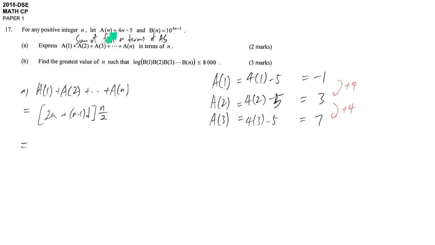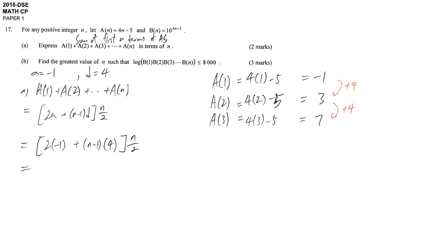Of course, it's the same reason as slope-intercept form. So anyway, we know that a is equal to -1. We know d is equal to 4. Then we just plug it in, 2 times -1, and then plus n minus 1 times d, d is 4, times n over 2.